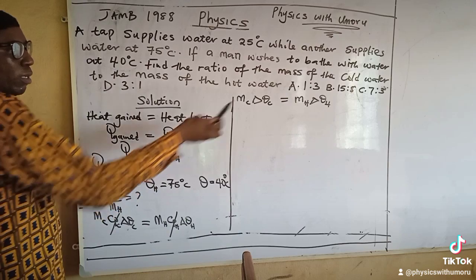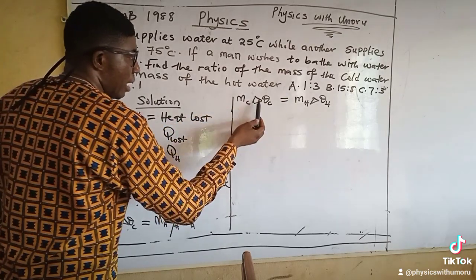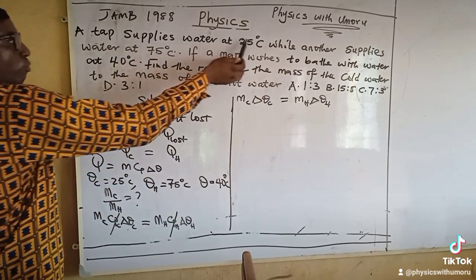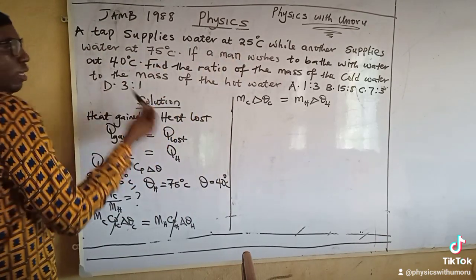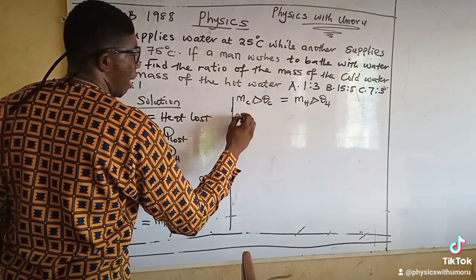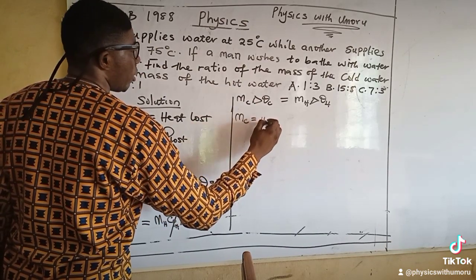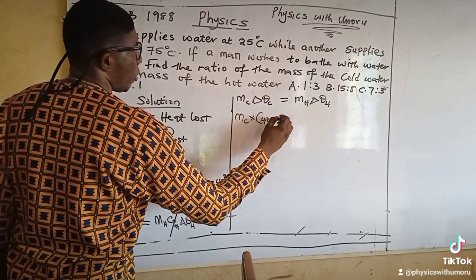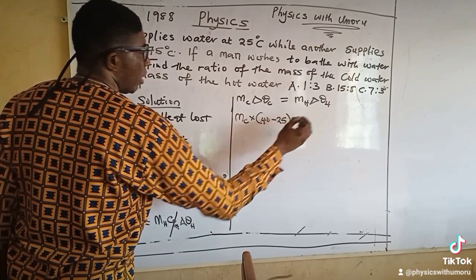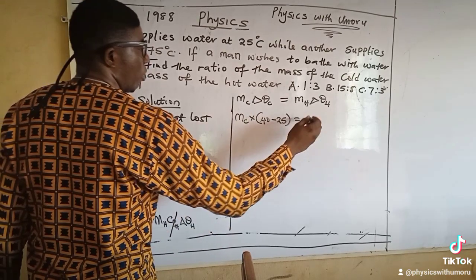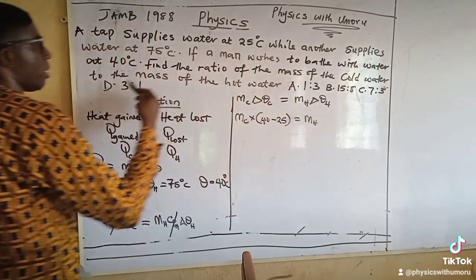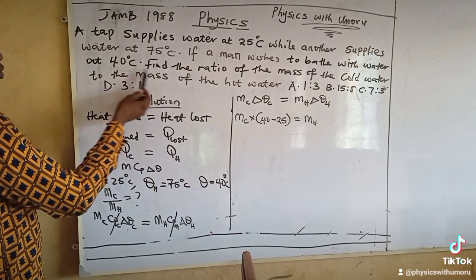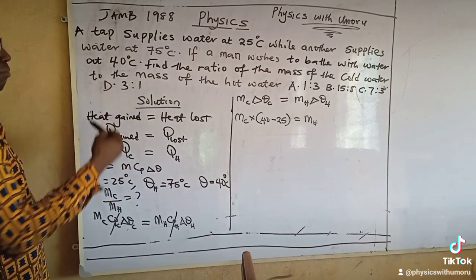Okay, now change in temperature. Remember that the cold changed from being cold to warm, that is from 25 to 40. So mass of cold times 40 minus 25 is equal to mass of hot times the change in temperature of the hot, from being hot at 75 to warm 40.